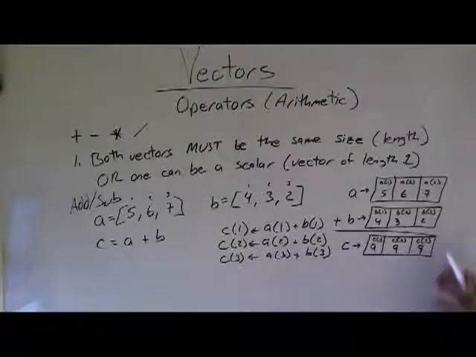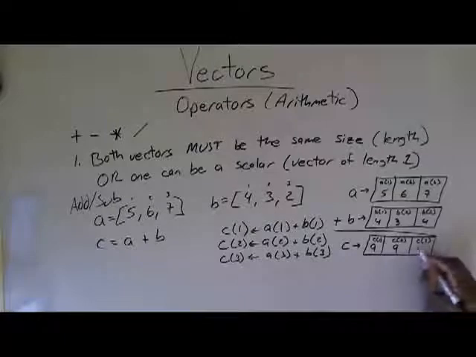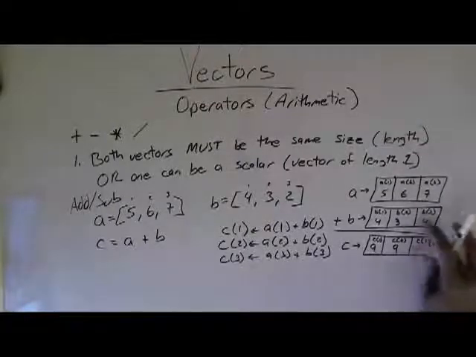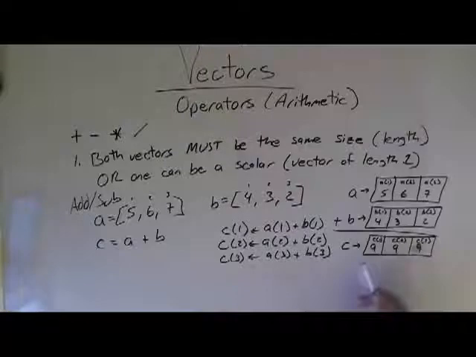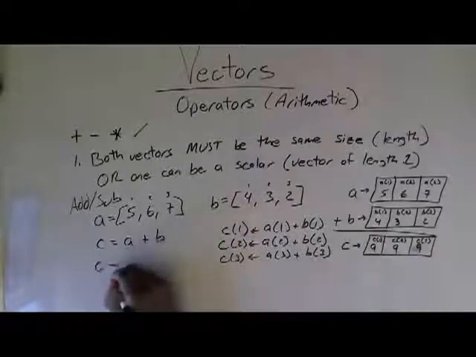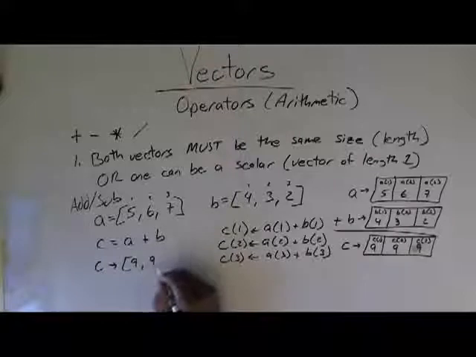Now this isn't like regular math where you would carry the values. If this were a 4, then this value would be 11, and you wouldn't carry it over into the other side. But this is actually a 2, so we get 9, 9, and 9. So C is the vector 9, 9, 9.